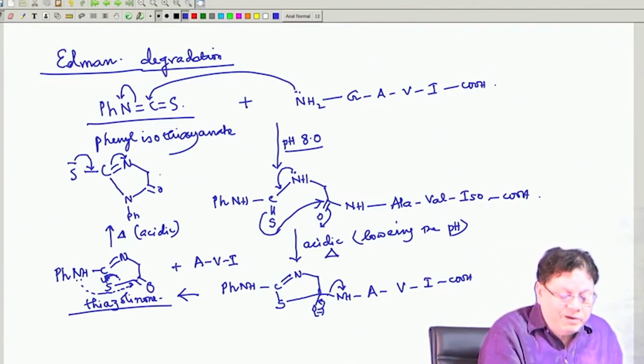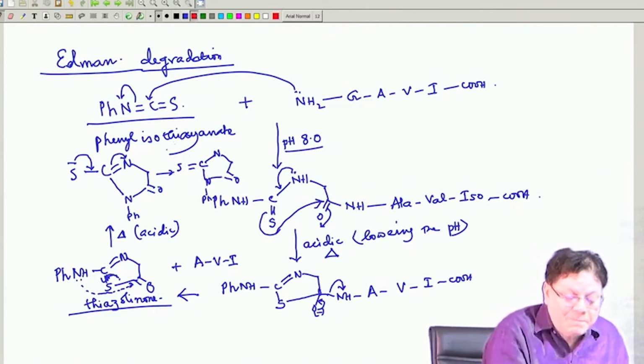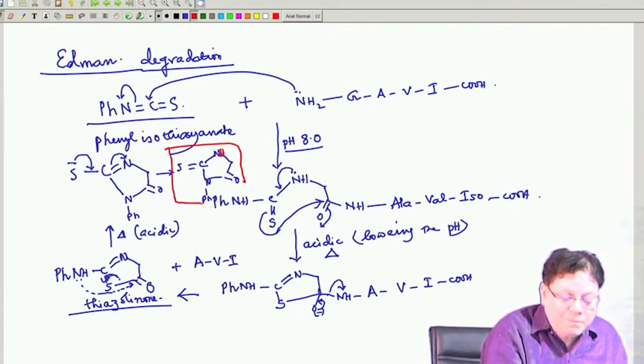So, maybe I can write that structure in this small space. So, that will become C double bond S, N, CO, then N pH, and this. So, this is my final product, NH, sorry, that is NH. This is my final product.